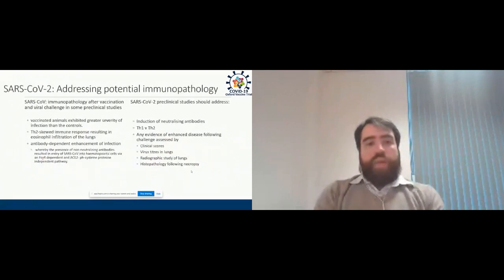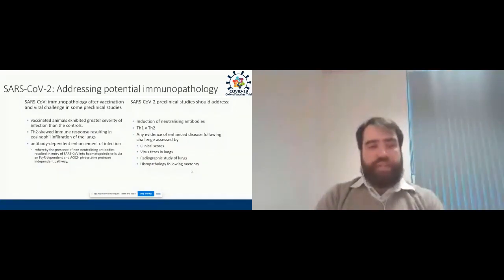So when we started our development of SARS-CoV-2 vaccines, there were a couple of issues that we had to address first. When the first vaccines were being developed back in the early 2000s against the first SARS epidemic, what we observed in other vaccine developers was that some vaccinated animals exhibited greater severity of infection when they were challenged with SARS-CoV viruses.